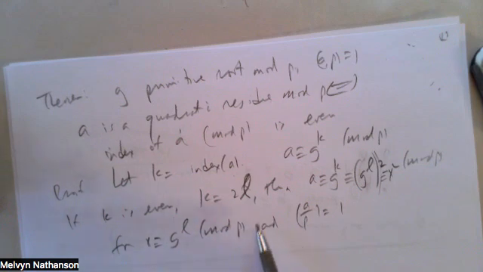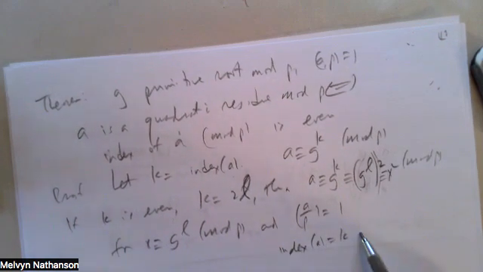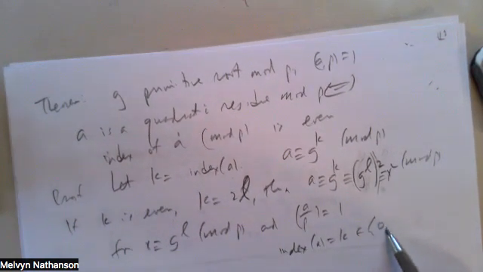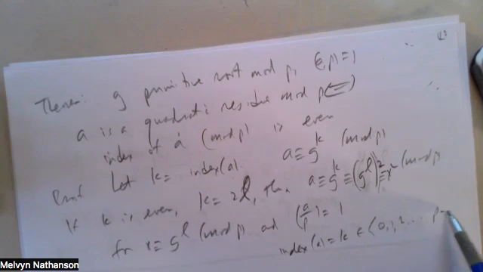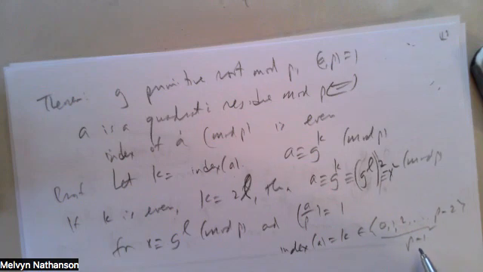Now, these indexes K are numbers between 0, 1, 2 up to P minus 2. I have P minus 1 numbers here.